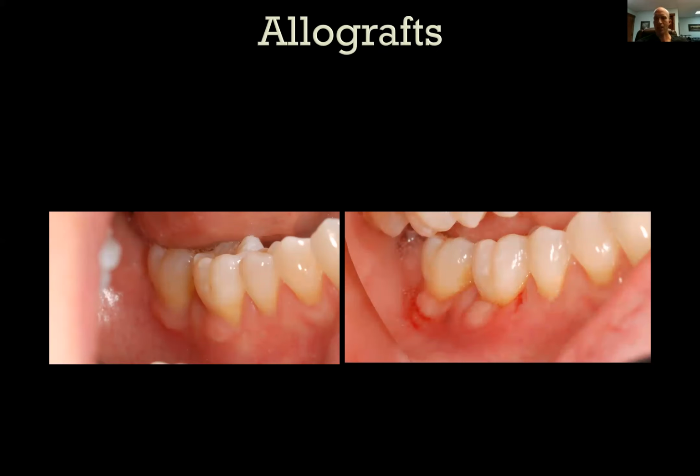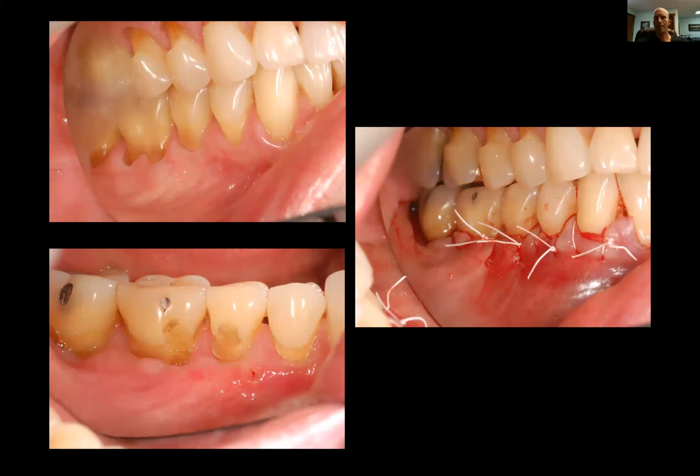Sometimes autogenous tissue is not an option. Patient has a really shallow vaulted palate, and you just know that you're not going to be able to harvest the quality of tissue that you would want. In those situations, an allograft is a great alternative. Many times patients don't want to use their own tissue for anxiety reasons, and that's fine too.